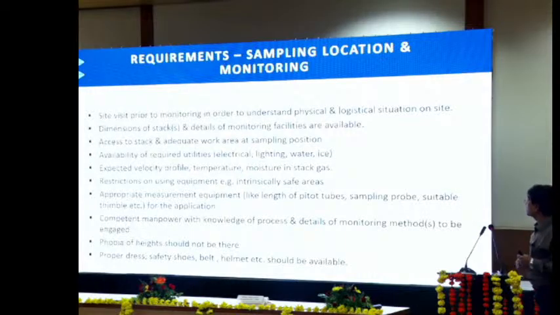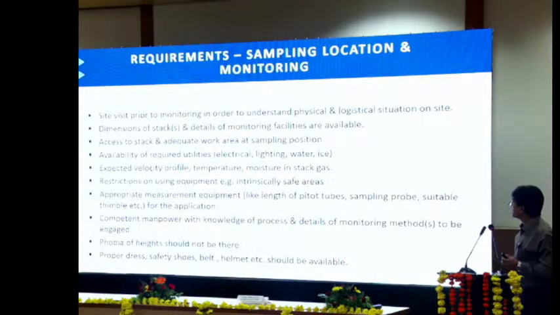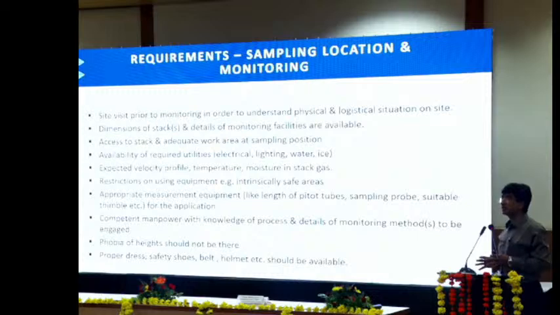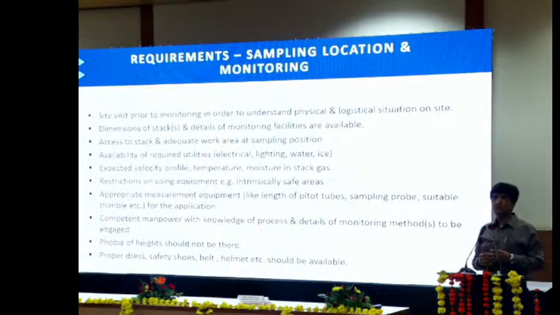Competent manpower with knowledge of process and details of monitoring method to be engaged. Now, competent manpower with knowledge of process. See, many times what we have seen is that the people who are actually doing the monitoring do not know the back end of that particular calculation, what is required to be done.